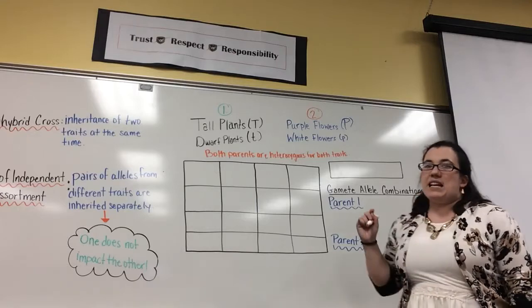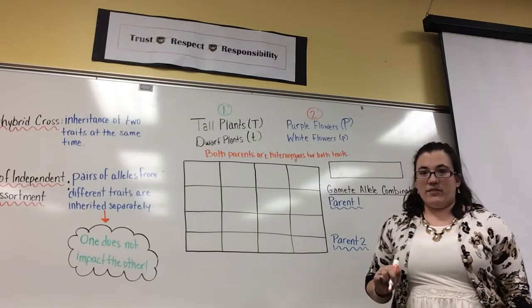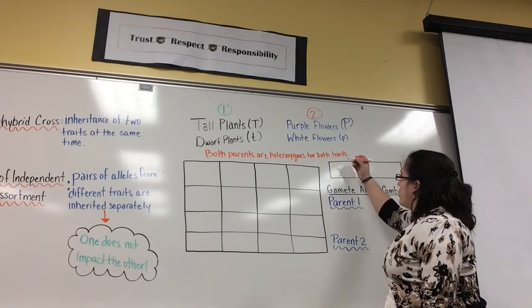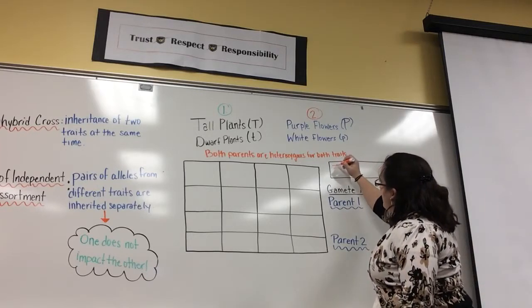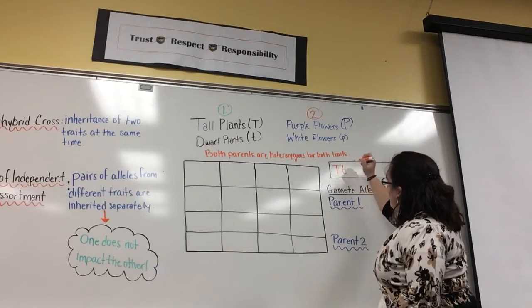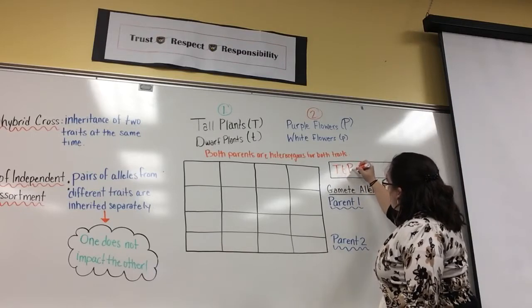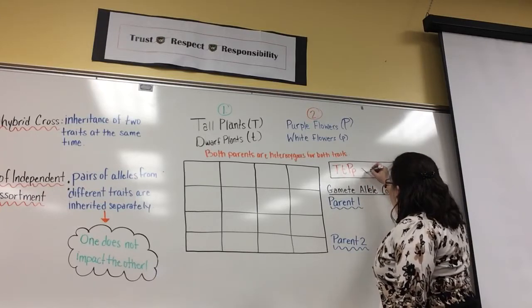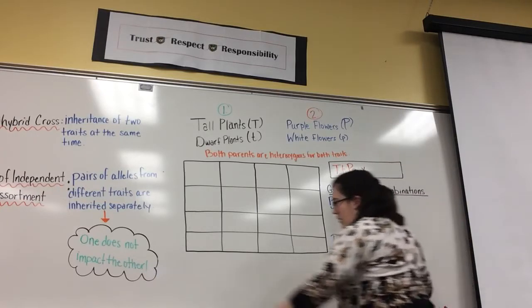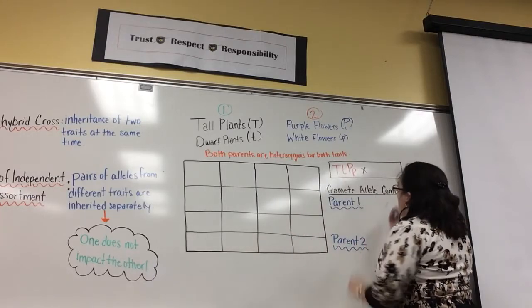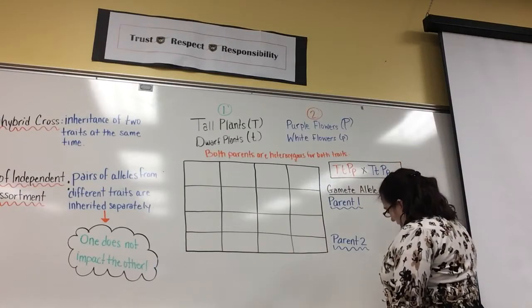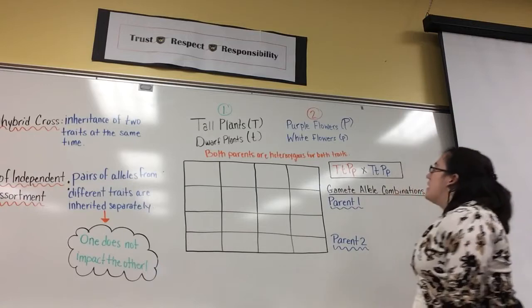Remember, heterozygous has one of each, the dominant and recessive alleles. So parent number 1 is going to have the genotype big T, little t, big P, little p, and then it's going to be crossed with another parent that will have the same thing, big T, little t, big P, little p. I'm going to signify that with 2 different colors.